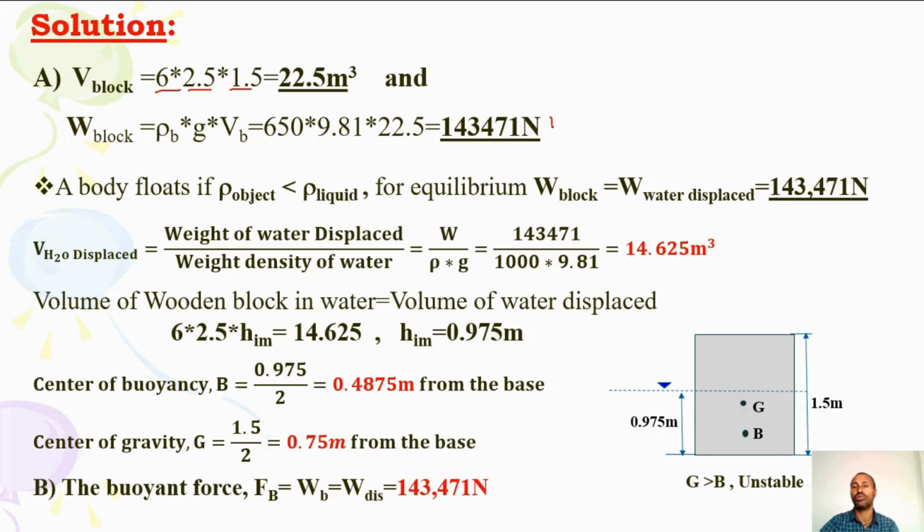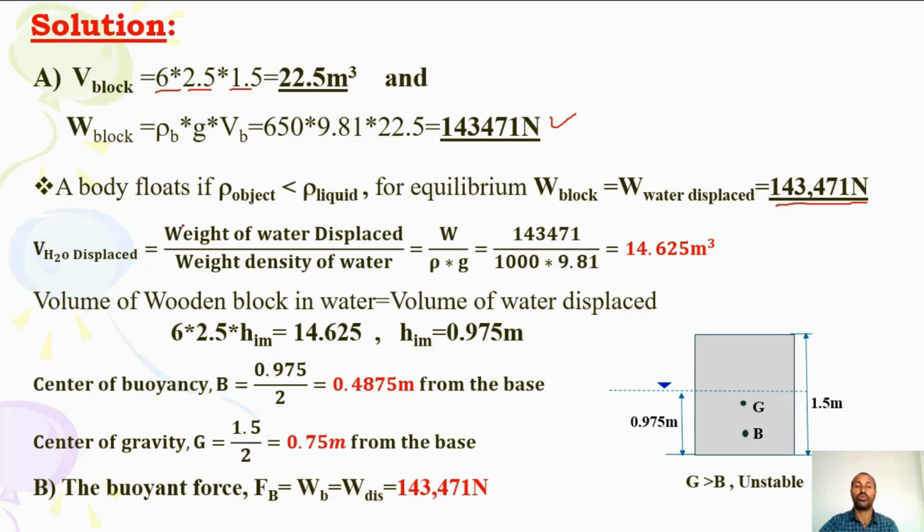This is 143,471 Newton, or 143.471 kilonewton. According to the previous principle, a body floats if the density of the object is less than the density of the liquid. For equilibrium, the weight of the block is equal to the weight of water displaced.